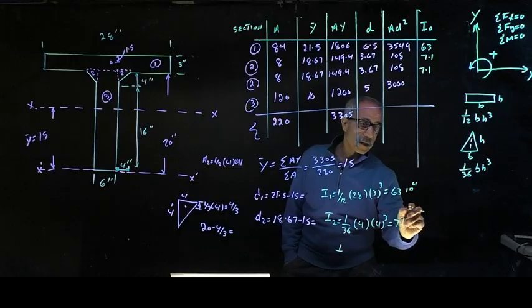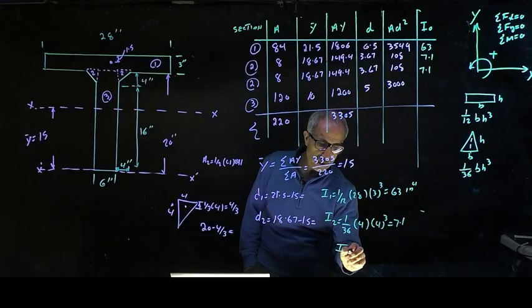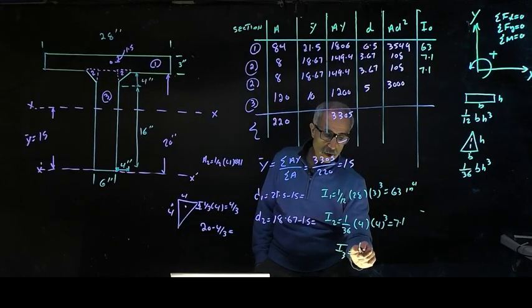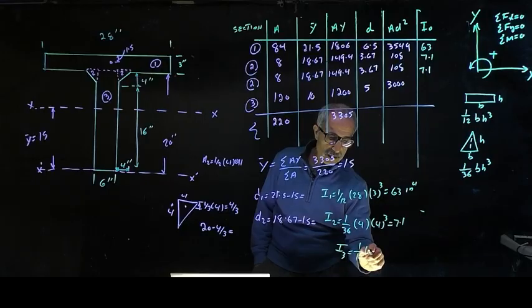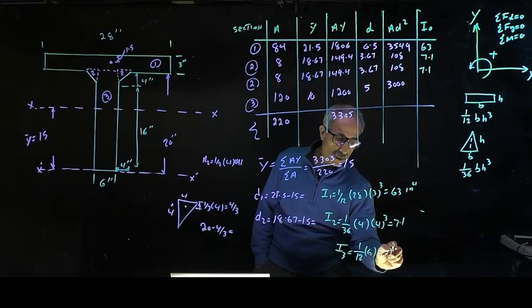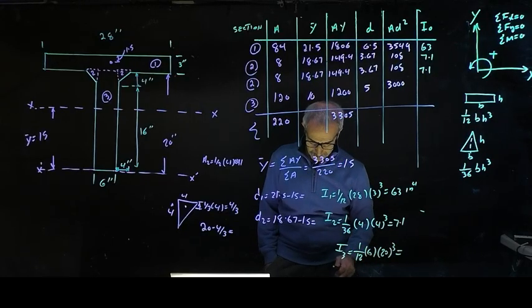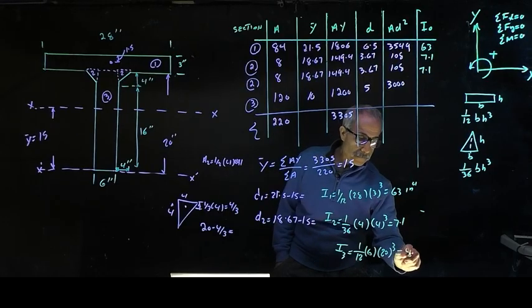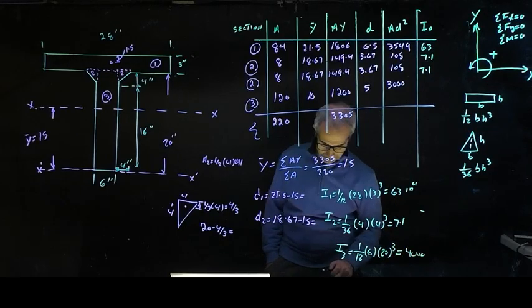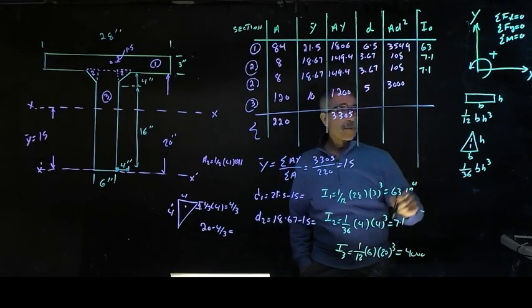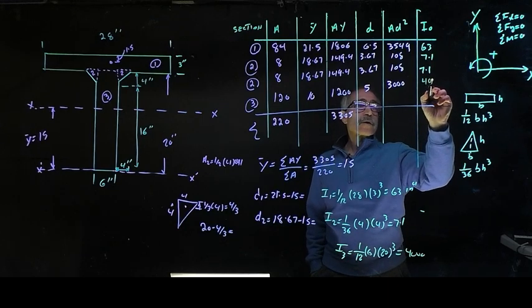That's equal to 1/12 times 6 times 20 cubed, and that will give us 4,000. So I'm going to come down here and write down 4,000.